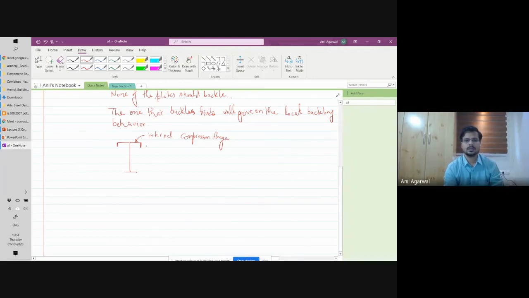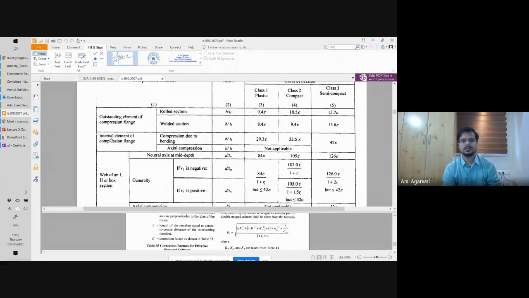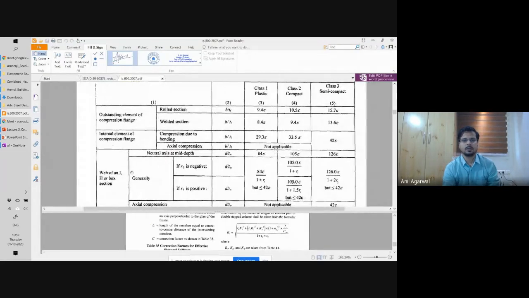And this one is an outstanding compression flange, and here also, this is an outstanding compression flange. Got it? So that is the definition of outstanding element and internal element of a compression flange.